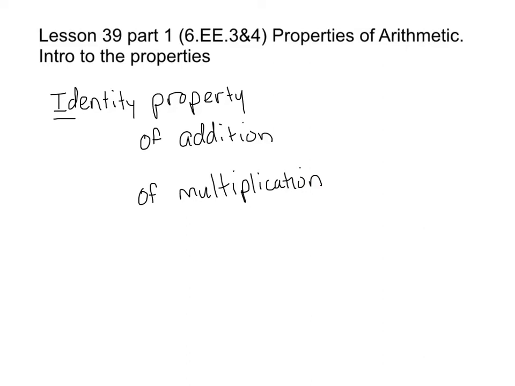So the identity property of addition would be, let's use the number 4. So what we'd want is 4 plus something that's going to keep 4 looking like 4. So what number can I add to 4 that's going to keep 4 looking like his identity, like his driver's license, his ID, 4?